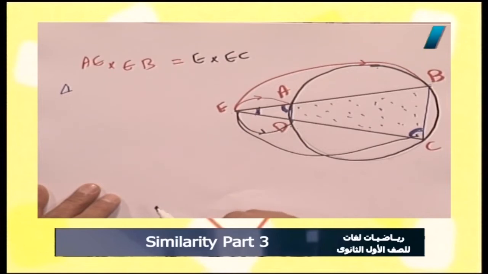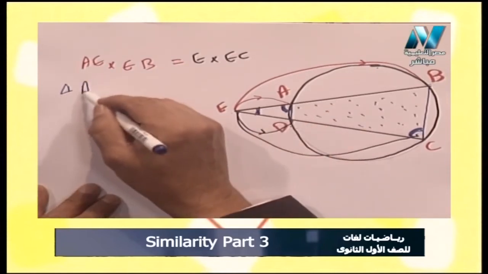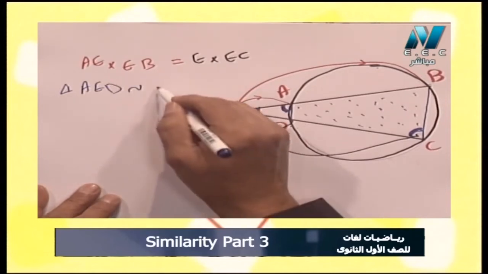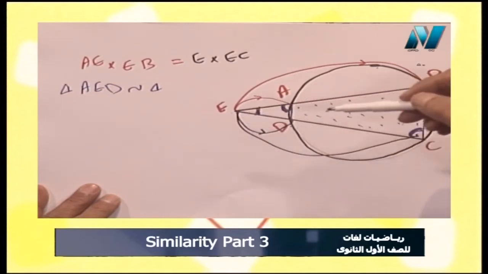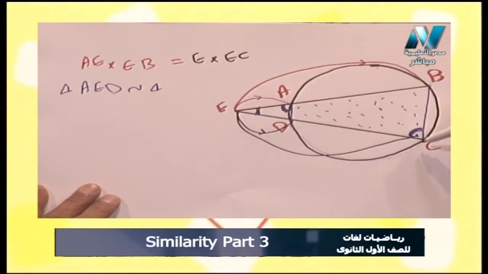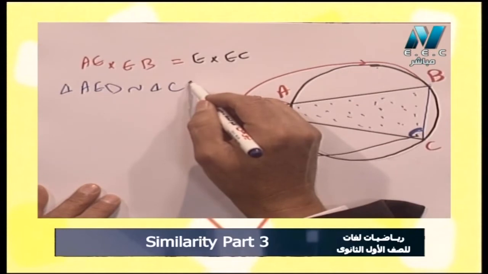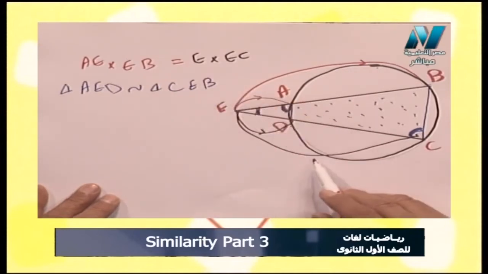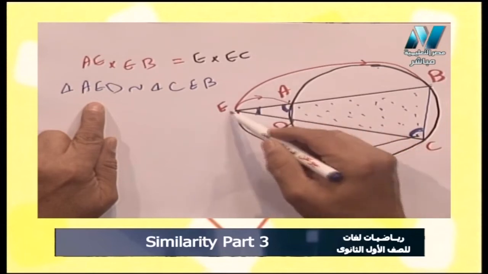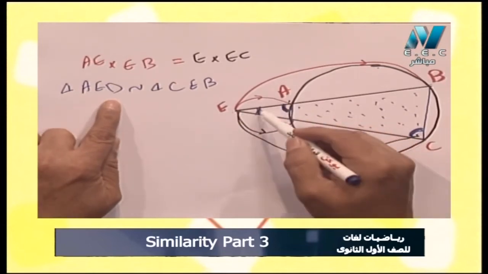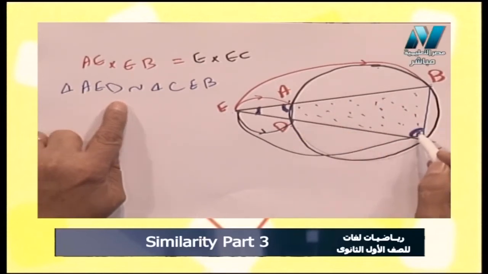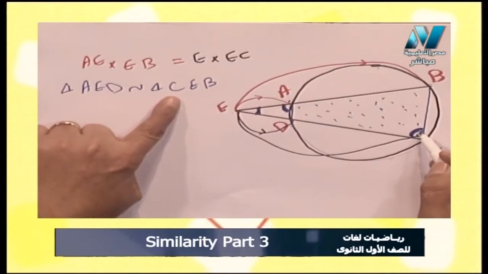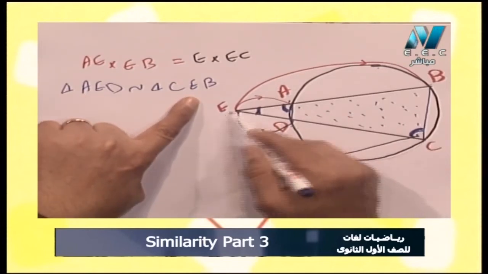Triangle AED is similar to the big triangle, which is E, here A, then we start with the C, CE, B. We start with triangle AED, then the common angle, and the big triangle we start with the angle equal to A, which is C, then CE, the common angle, B.